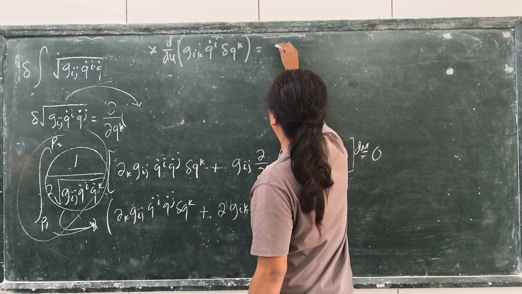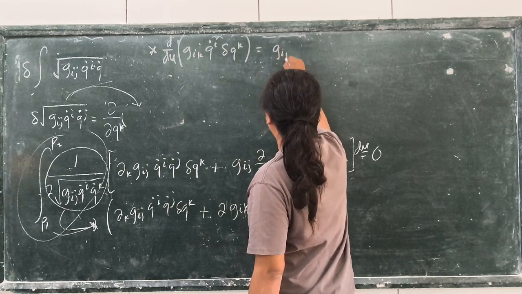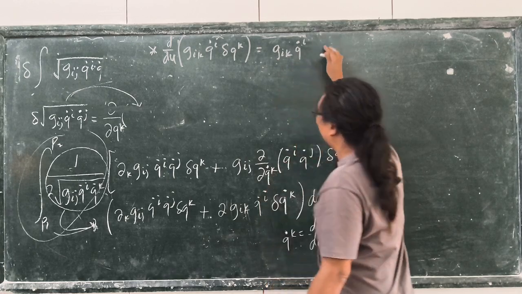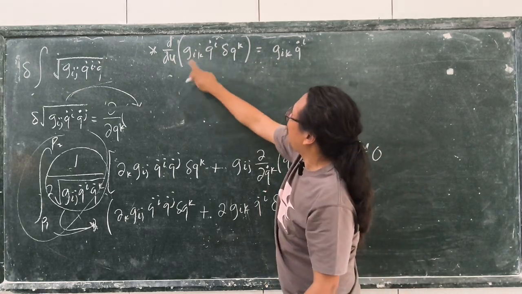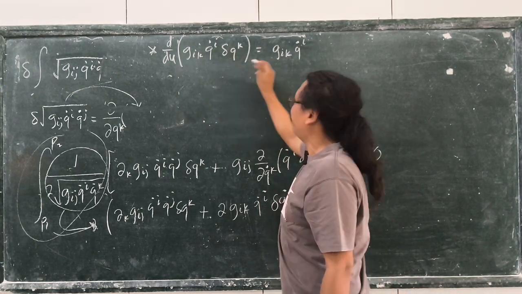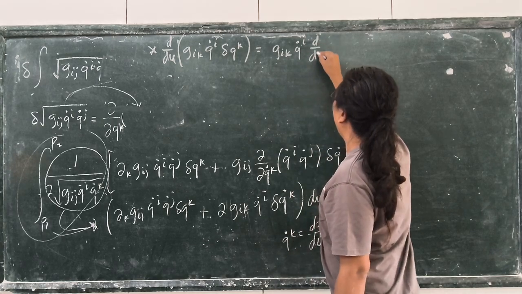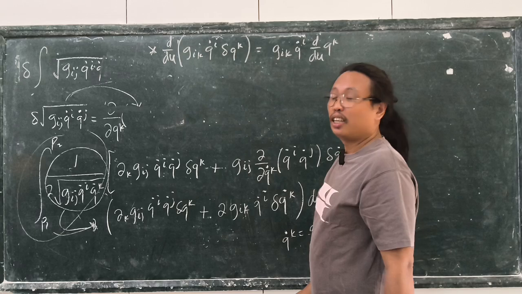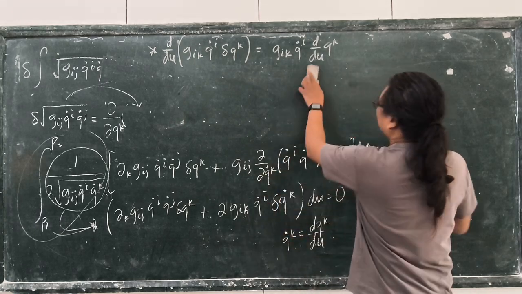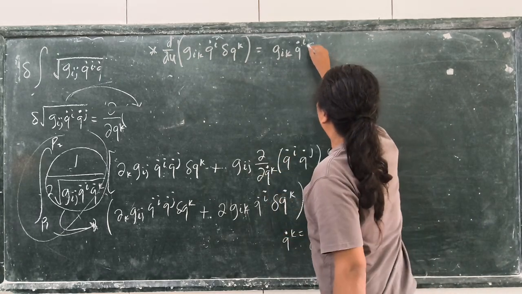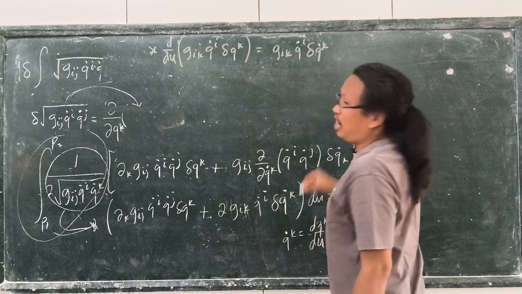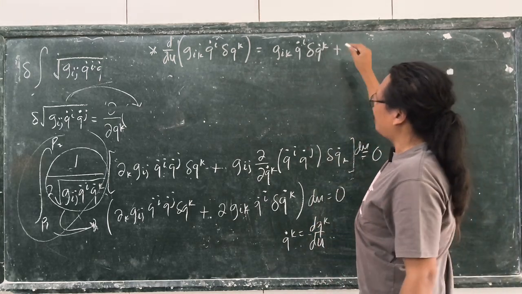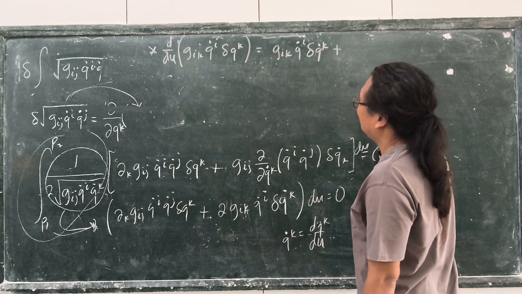So first, the second, I would now have Gij Q dot I, and then d over du of QK, which is the same as delta Q dot K. Plus second, the first.